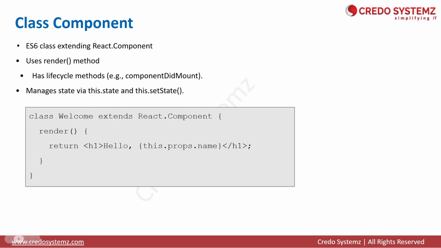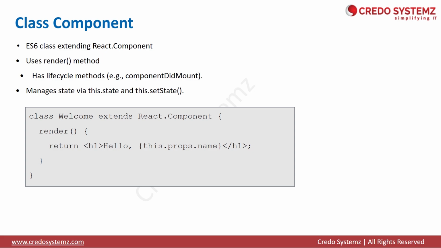If I include this extends, it means I'm inheriting from React.Component into the Welcome class. This class has a method called render. Whatever the HTML code, which we call JSX, whatever JSX code it returns, is rendered on the browser screen.